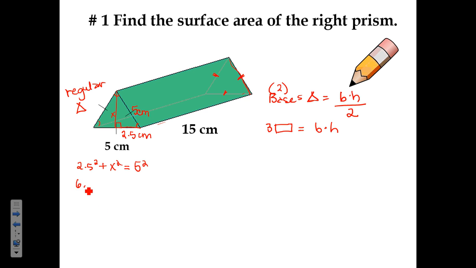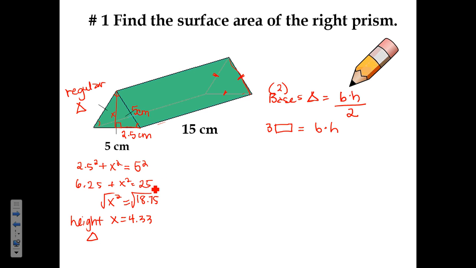This would be 6.25 plus x squared equals 25. X squared would equal 18.75, square root both sides, and x would equal 4.33. So the height, x, which is the height of the triangle, is 4.33.